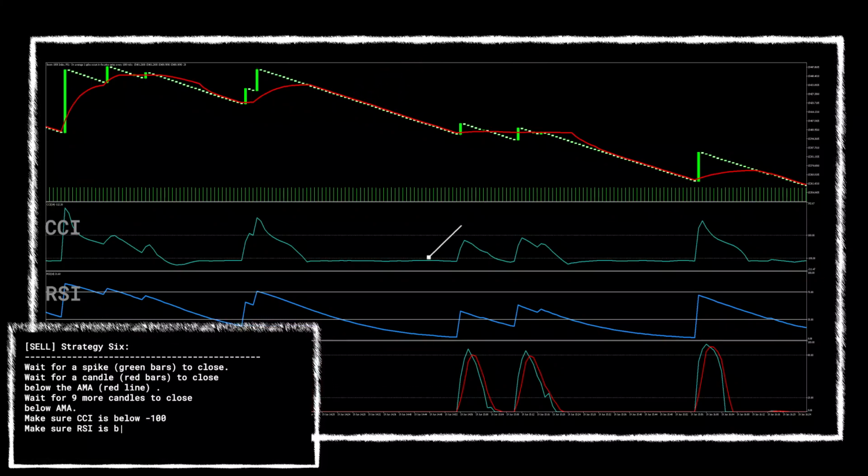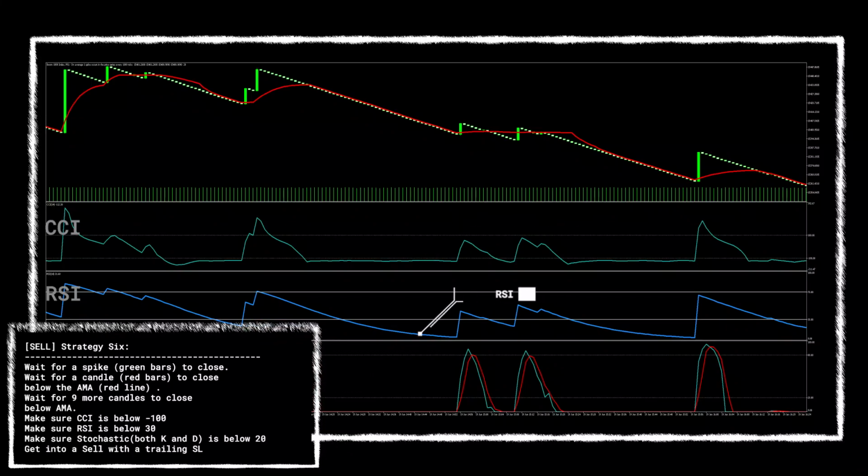Because of this, the revised strategy became: wait for 10 consecutively falling AMA values, make sure the 10th candle is below the AMA at that point, make sure the CCI is below negative 100, the RSI is below 30, and both the K and the D line are below 20. We then place a sell trade with the SL being X points away. And things start off well. Then something happens again.